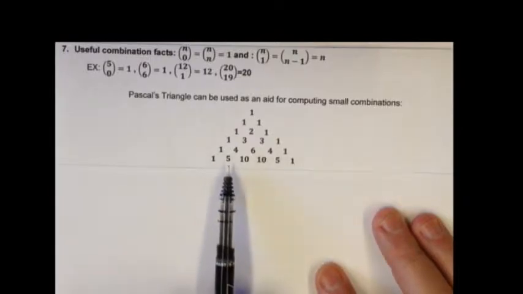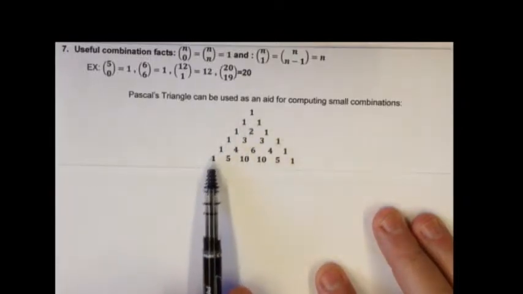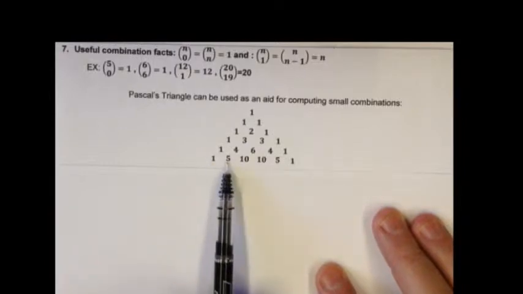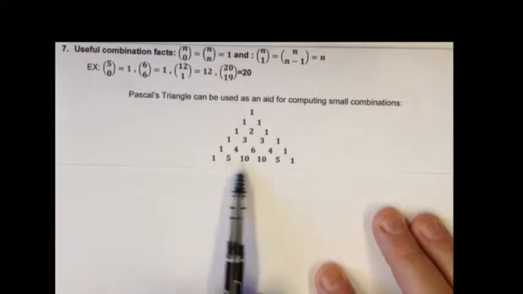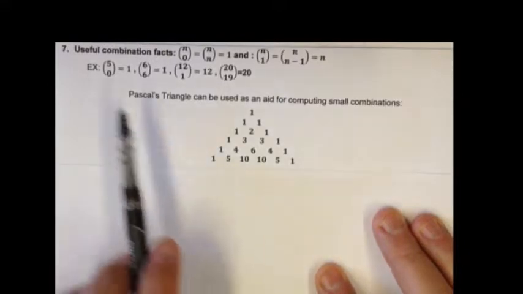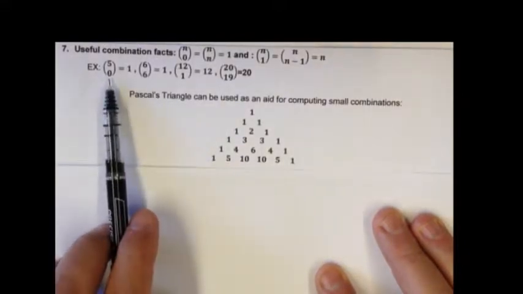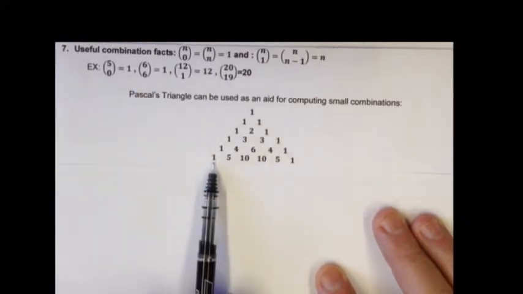And the way you use it is that the ones on the edges don't tell you anything as far as which combination you're doing, but the second number does. The second number in each row is the value of n. So here I'm looking at the top number being a 5, and the smallest value of the bottom number is 0. So this is 5 choose 0 and it's 1.